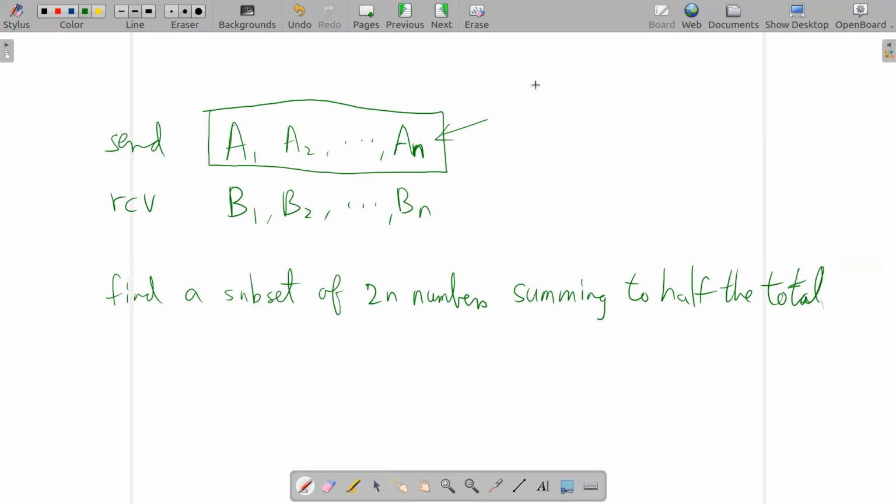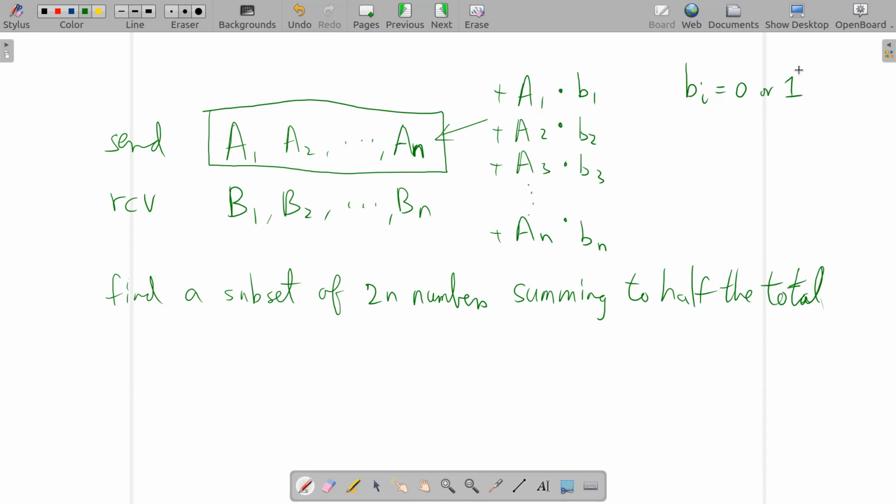Right, so what do I mean by getting whatever I want? I can add A1, A2, any subset of these, plus, or maybe I decide not to use it. So another way to think about it is that I have B1, B2, up to Bn, where Bi is either 0 or 1.